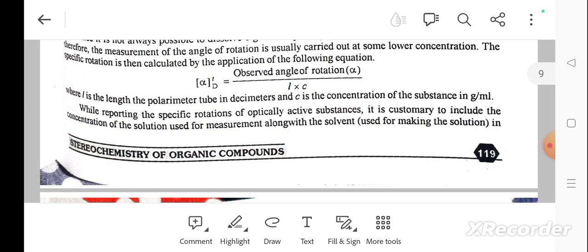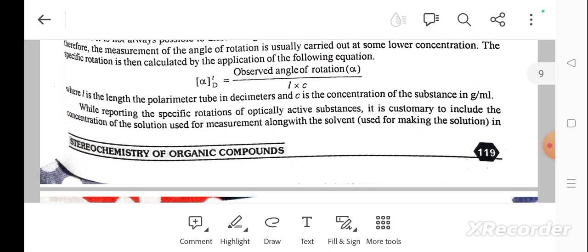Observed rotation divided by L times C is equal to alpha bracket D by T, where L is the length of the polarimeter tube in decimeters and C is the concentration of the substance in g/ml.